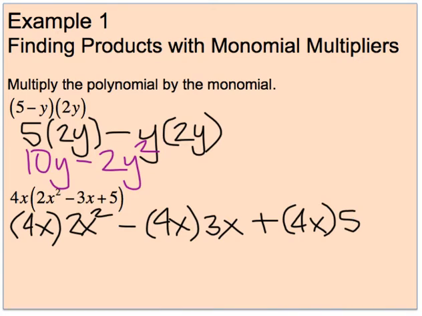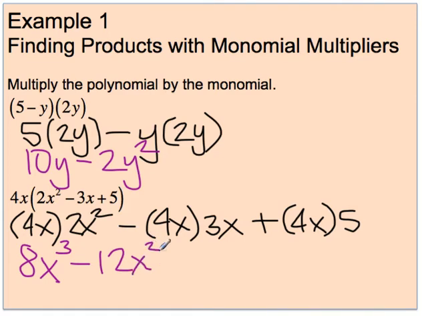So here we have 4 times 2, that's going to give us 8. We have x times x squared, and as we learned last time, that's going to give us x to the third. We have 4 times 3, so that's going to give us negative 12. X times x is going to give us x squared.